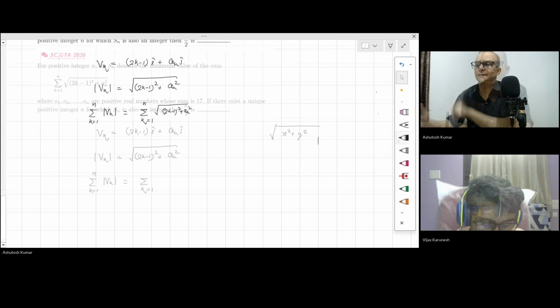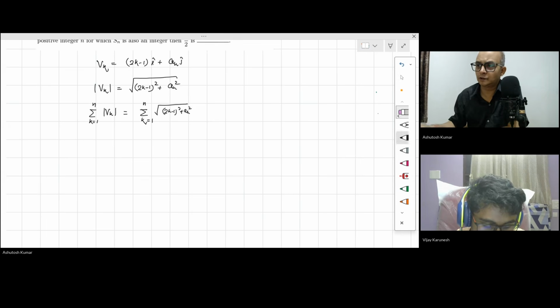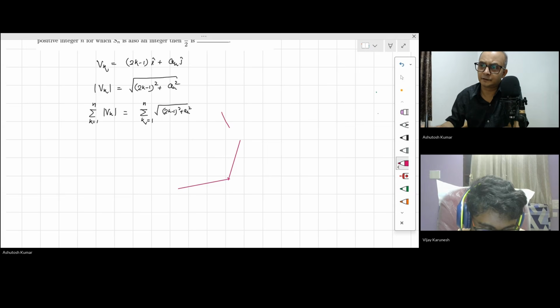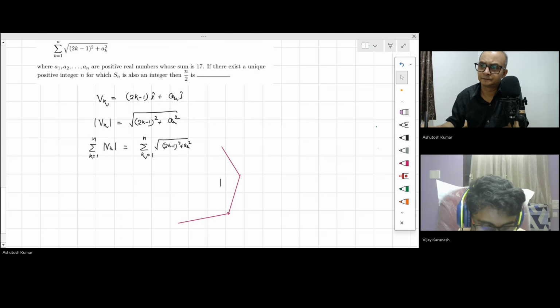Let's say I'm actually drawing a polygon, not a regular one, and then trying to convince. Suppose I have this one vector here, not vector, let's say the distance m1. This is another, and this is another one. And this is connected. So what the sum is actually representing?